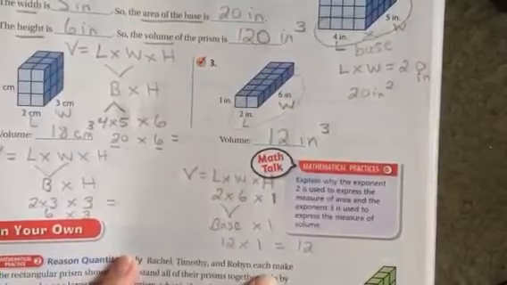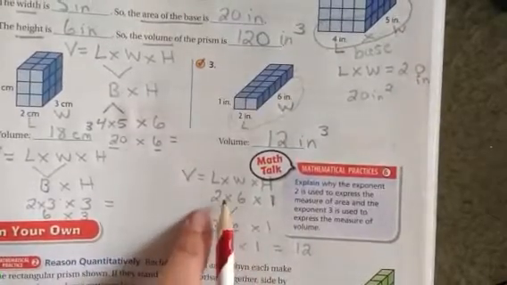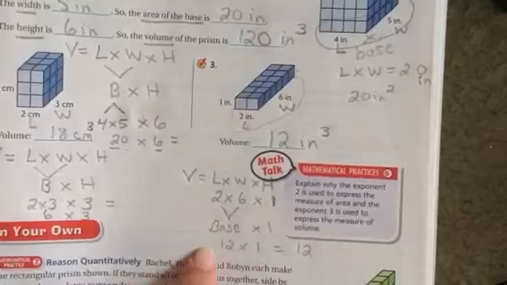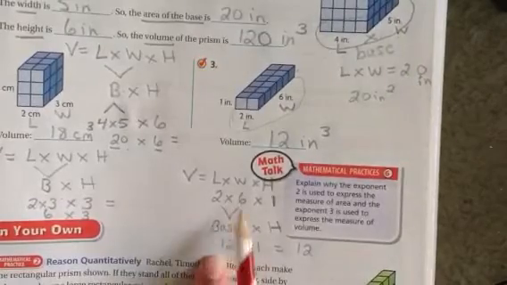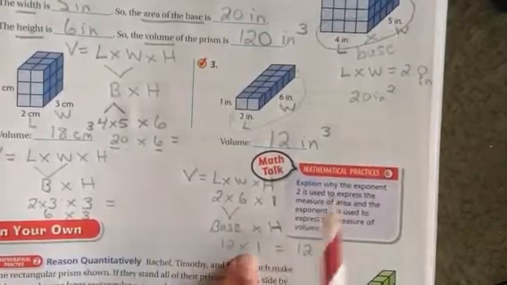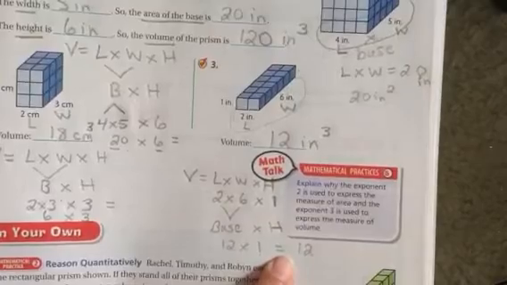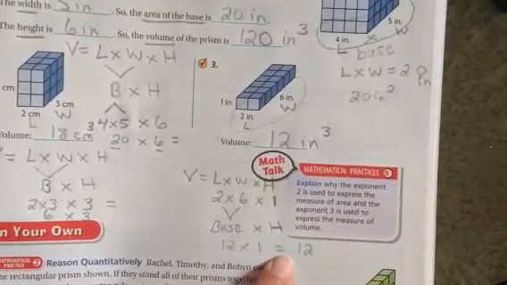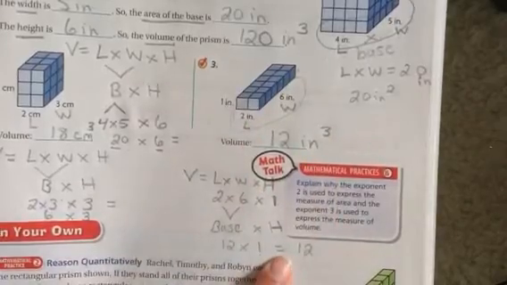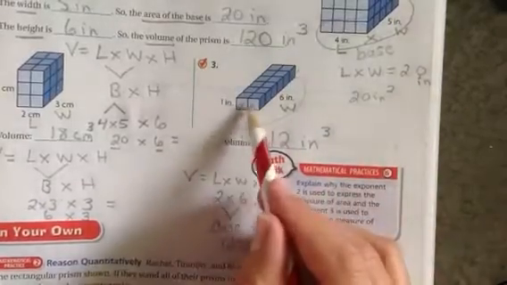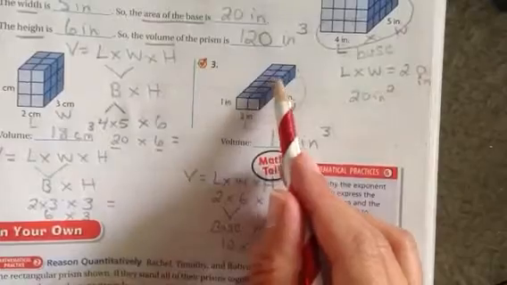It's in inches, and we added that third dimension. Okay, so we're taking length times width times height, or base, I should have said base times height, which is 12 times 1, or 12 inches cubed, which means if we count these, there should be a total of 12.